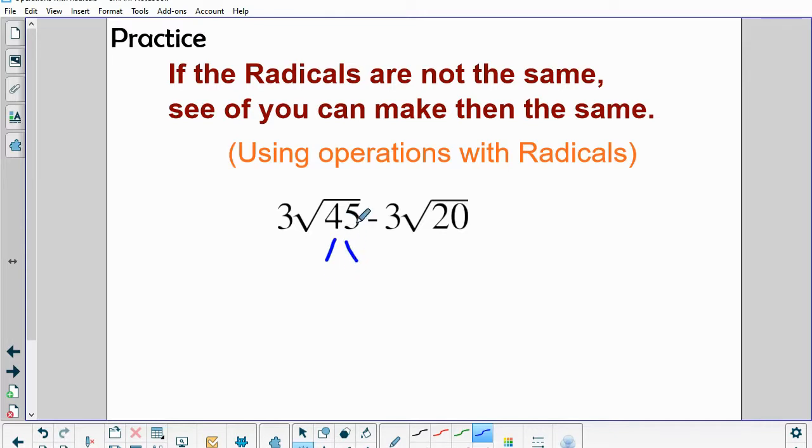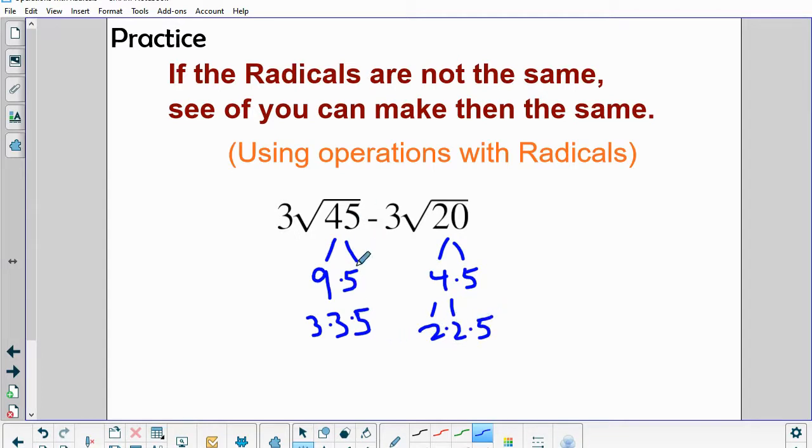So this one happens to be 9 times 5, and that breaks down into 3 times 3 times 5. Meanwhile, this last one breaks down into 4 times 5. And then that can go a little bit further and become 2 times 2 times 5.